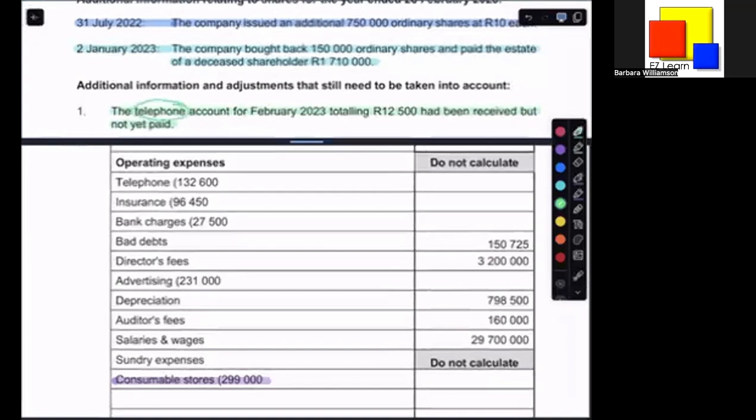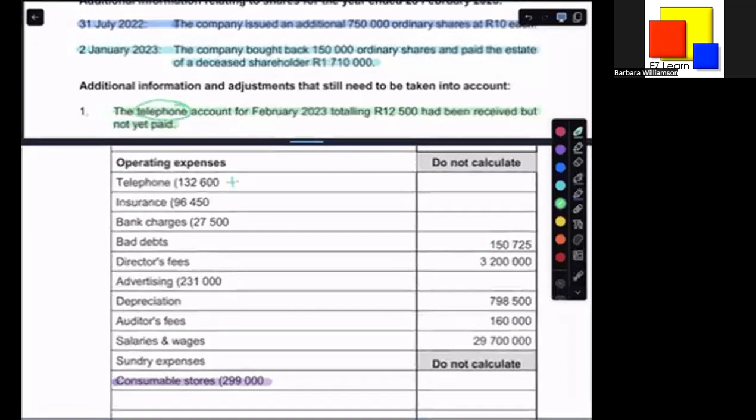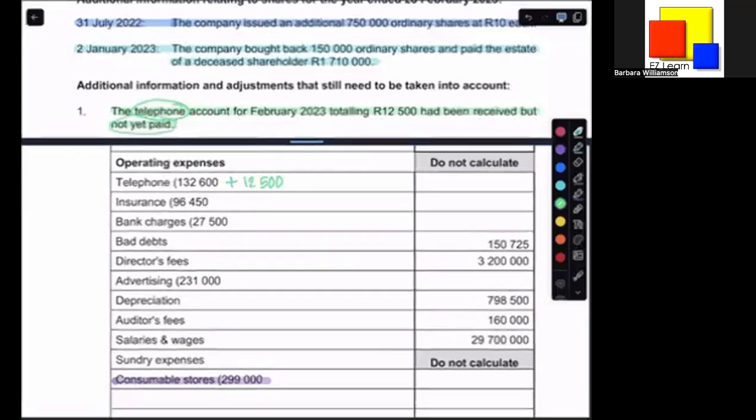If we received it but haven't paid it, it means we'll need to add 12,500. The next clue is it's not yet paid. That means it's owing or accrued. And because telephone is an expense, it means my other account that I need to use is going to be accrued expenses.